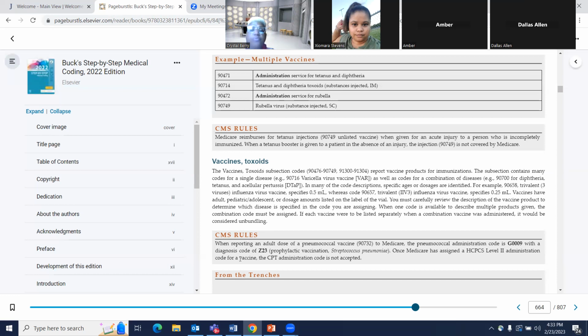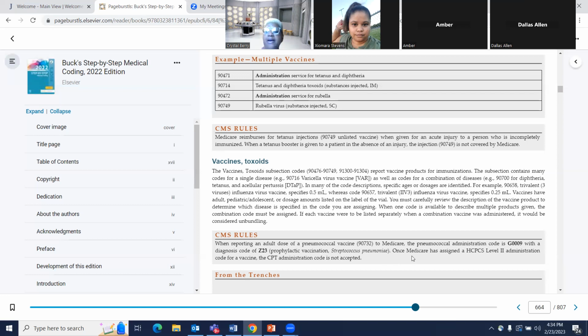So here is the rule. When reporting an adult dose of a pneumococcal vaccine, 90732, to Medicare, the pneumococcal administration code is G0009 with a diagnosis code of Z23, prophylactic vaccination, Streptococcus pneumonia.